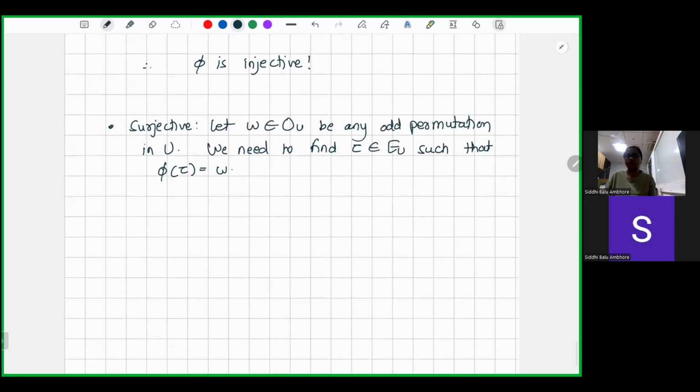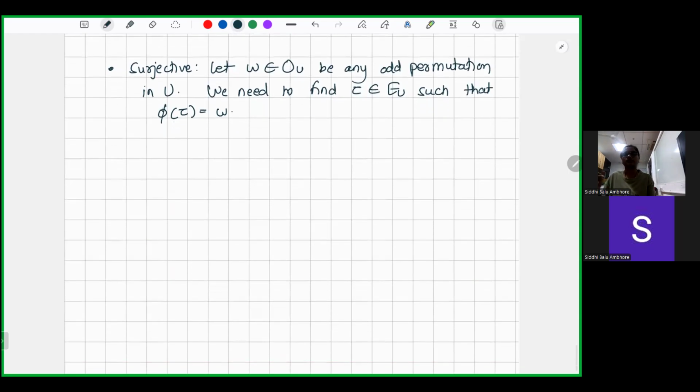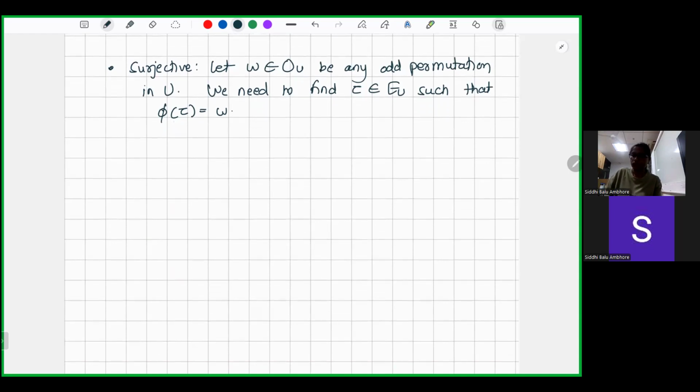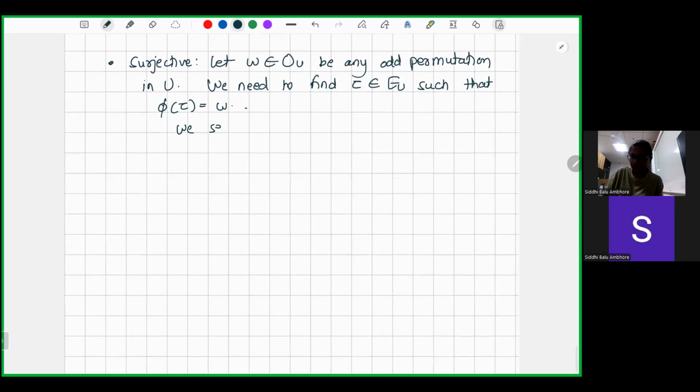That's what it means to check the given function is surjective. So what I want is sigma tau to be omega. So we set tau to be sigma inverse omega.